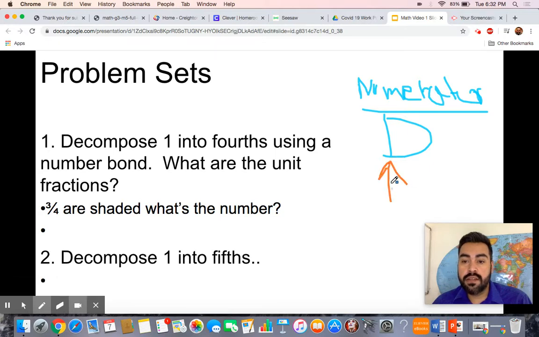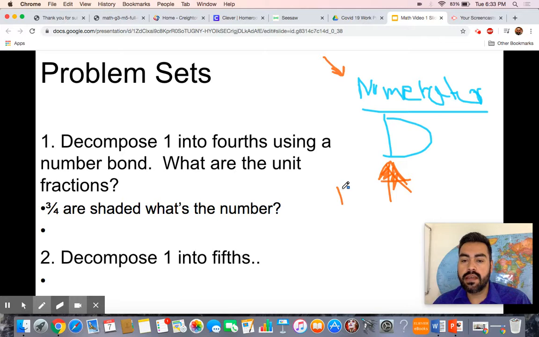Our denominator, for the most part for now, just for the next couple lessons, always stays the same. This is how many equal parts we have. So for the next few lessons, the denominator will not change. The numerator means how many of those pieces are shaded in.